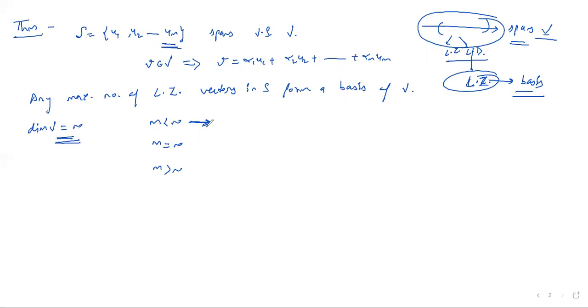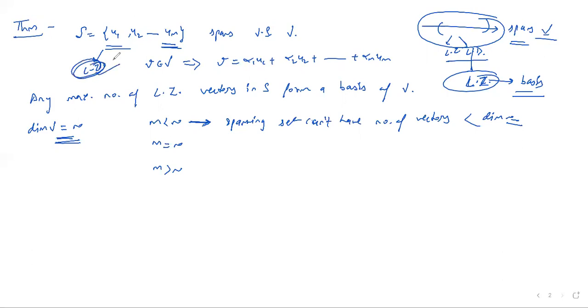But this is not a possible case, because a spanning set can't have a number of vectors less than the dimension n. This spanning set is the set from which we take out our linearly independent vectors, we take out our basis vectors, and the number of basis vectors is n. So we can't have m less than n.